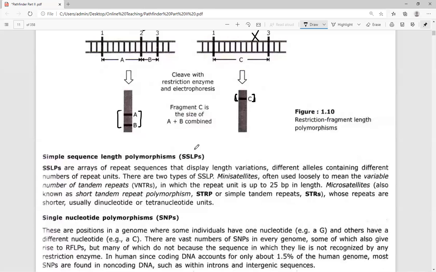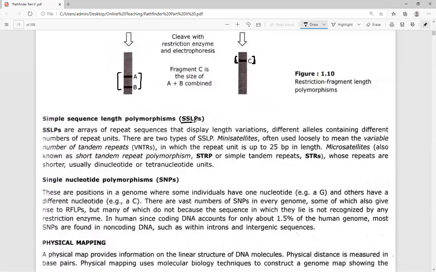Simple sequence length polymorphism. What do you mean by SSLPs? SSLP refers to simple sequence length polymorphism. It refers to DNA sequences which differ from each other on the basis of their minisatellites. Simple sequence length polymorphisms are arrays of repeat sequences that display length variations, with different alleles containing different numbers of repeated units.